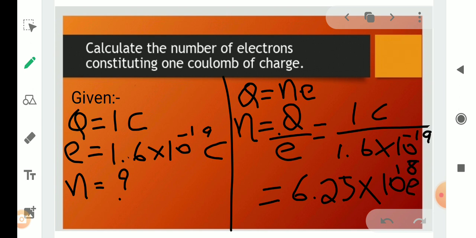So the electrons which constitute 1 coulomb of charge, that is 6.25 into 10 raised to 18 electrons. So this is the general result which you have learnt in the last class also. I had given 1 coulomb of charge constitutes 6.25 into 10 raised to 18 electrons, right? This is how we are going to calculate it.